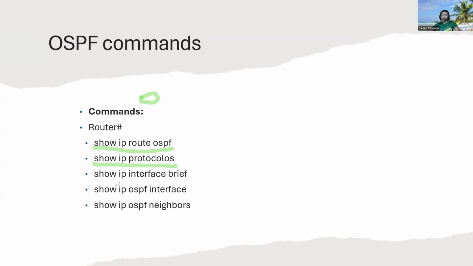Show IP route OSPF, show IP interface brief, show IP OSPF interface, and show IP OSPF neighbors. So in order to troubleshoot, these are some of the most important commands that we will be using. And in fact, in some of the labs that we will build in the future, we will be using these commands.